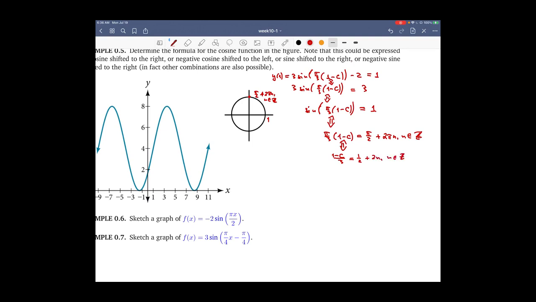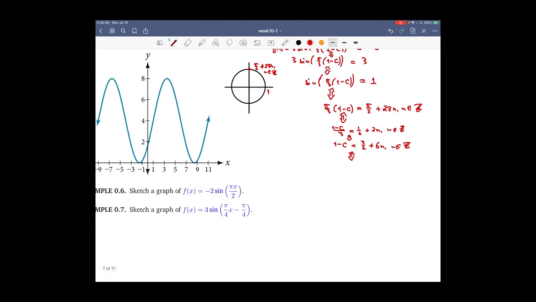A little more algebra, multiply by 3, 1 minus c equals 3 halves plus 6n when n is an integer. And from here, if I were to express c, I would have that c is 1 minus 3 half, which is negative 1 half, minus 6n when n is an integer.